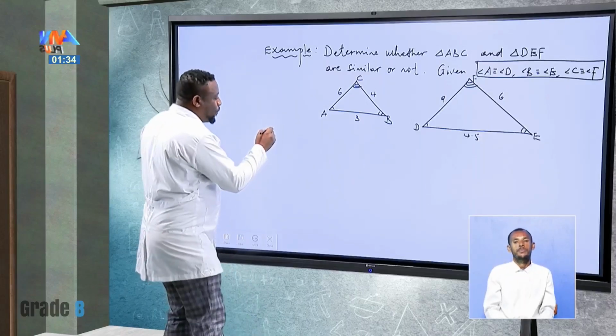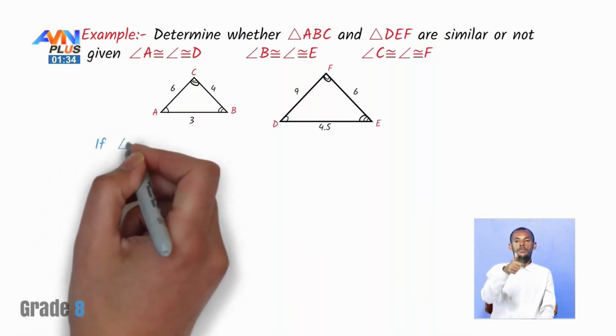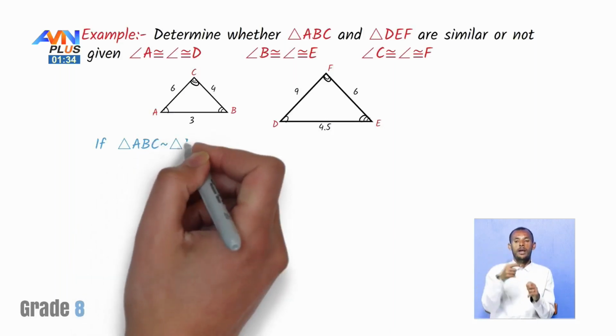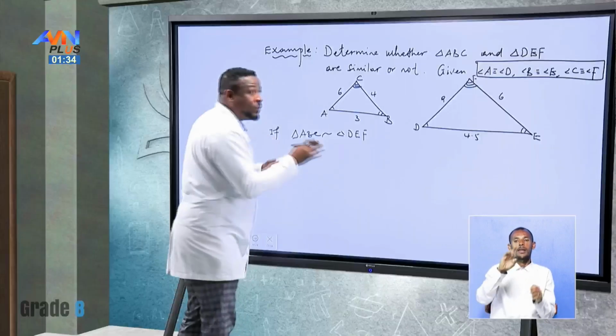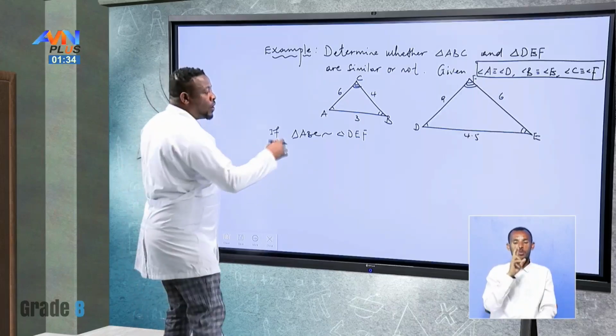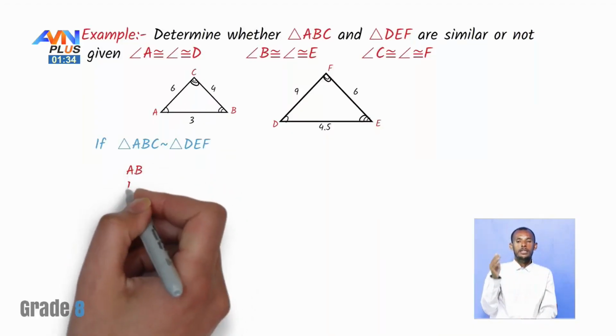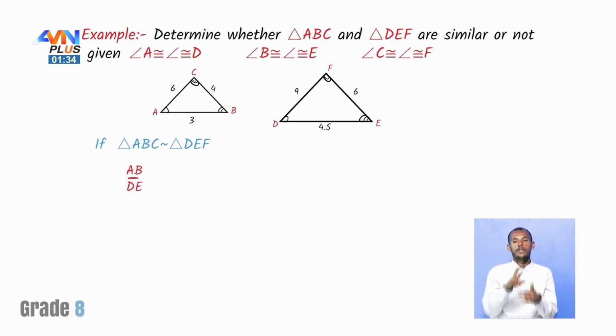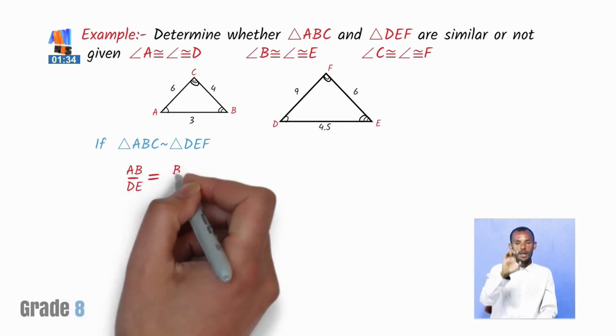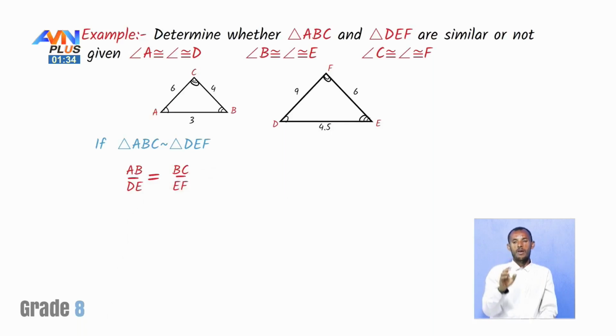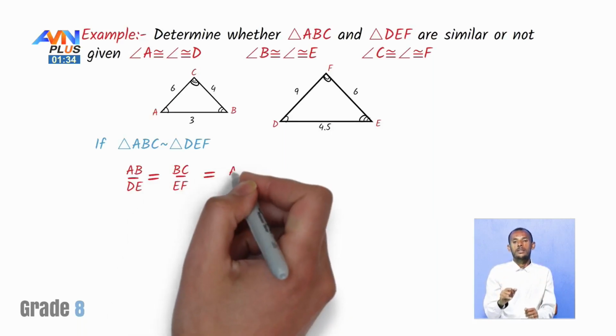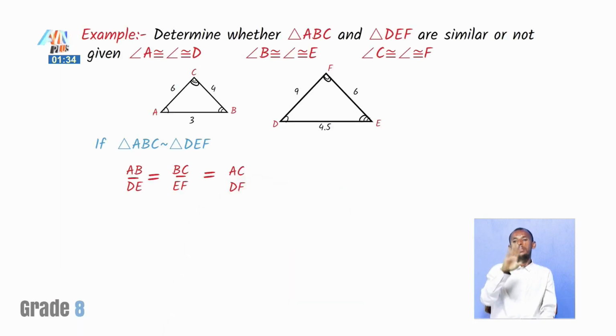If triangle ABC is similar to triangle DEF, the ratios of corresponding sides, AB over DE, must be the same as BC over EF, and the third ratio, AC over DF.